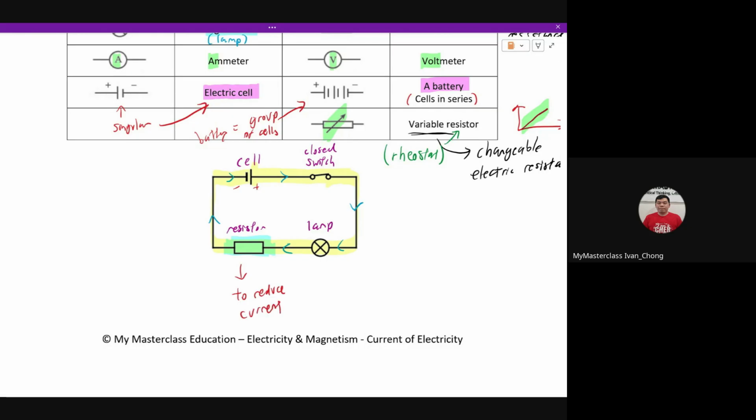Because if you have too much current, it's a bit dangerous, your light bulb might explode. So we use resistance to reduce the current to a safer level, so you don't electrocute yourself or cause any damage to the user. This is just to make sure it's safe to use.